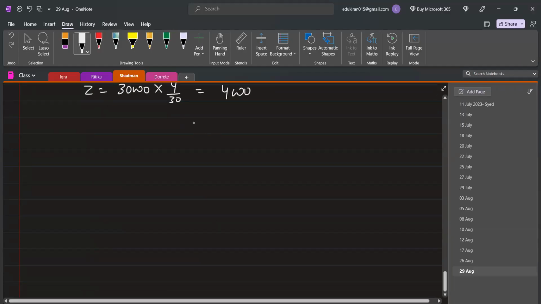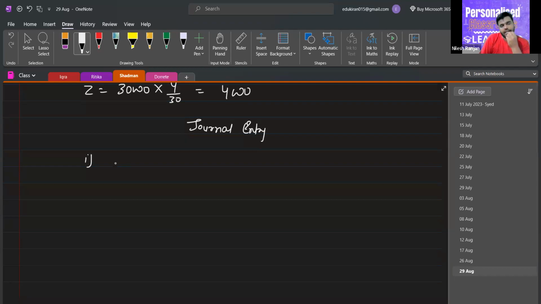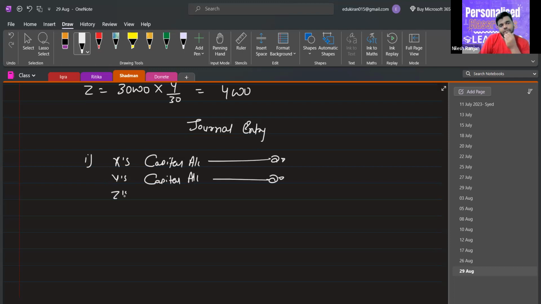So, journal entry. The first journal entry will be for write off goodwill. First, write off. So we have to write X capital account debit, Y capital account debit, and Z capital account debit.